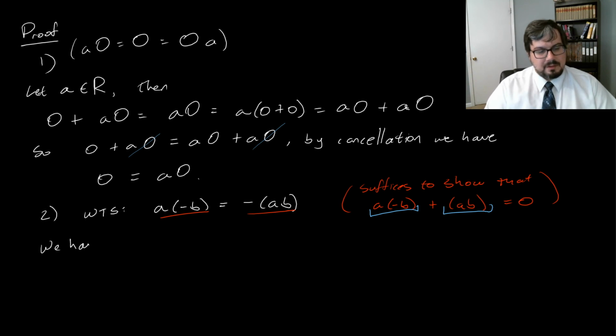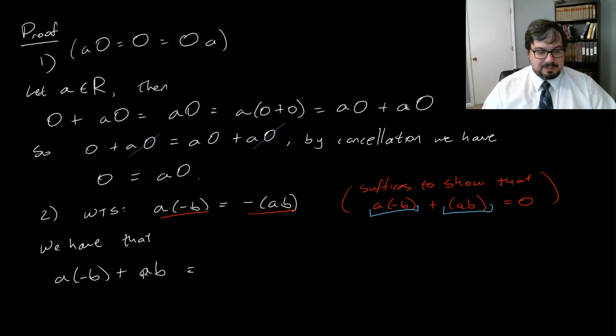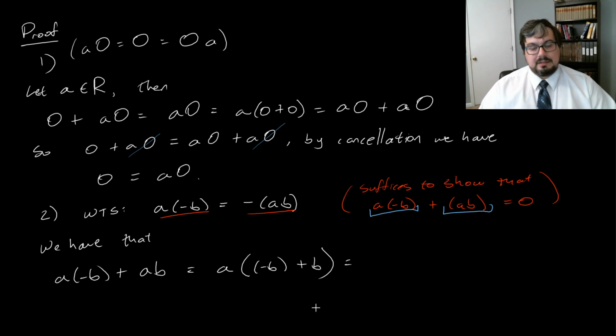So we have that a times negative b plus ab. Now we can use distribution backwards. Just like in normal algebra, the distributive law works both ways. So because we have a times negative b plus a times b, that's the same as a times negative b plus b. Now we have an element being added to its additive inverse.